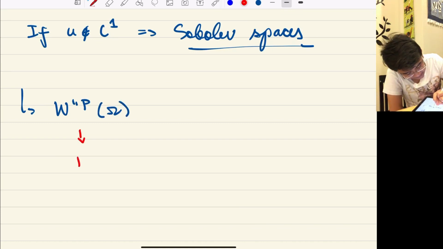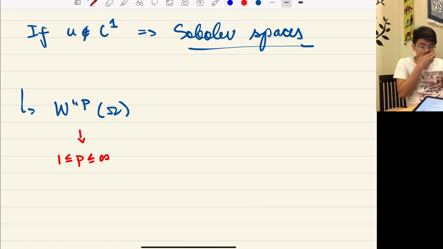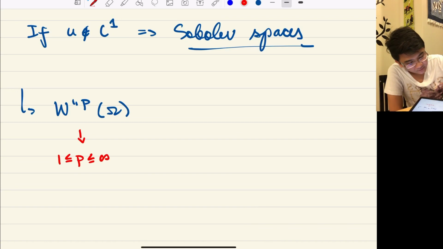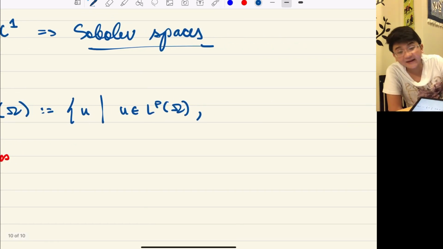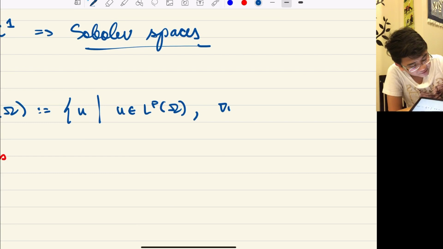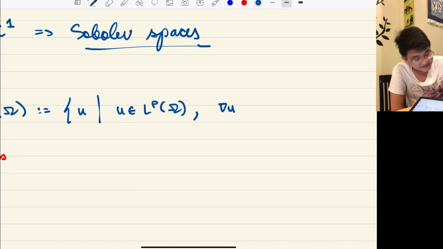Here p is between 1 and infinity. These are the functions u such that u is in L^p and its first order derivative, grad u, is in L^p.